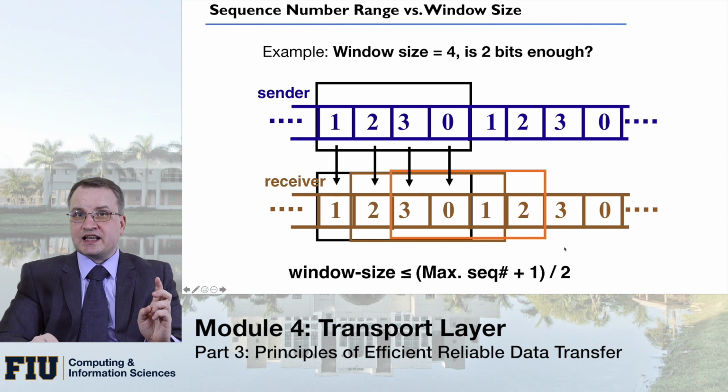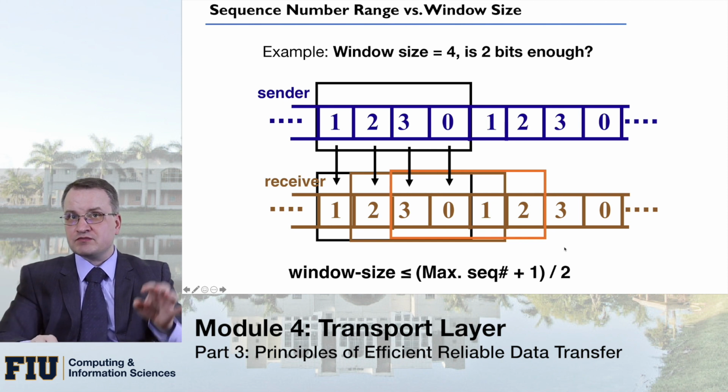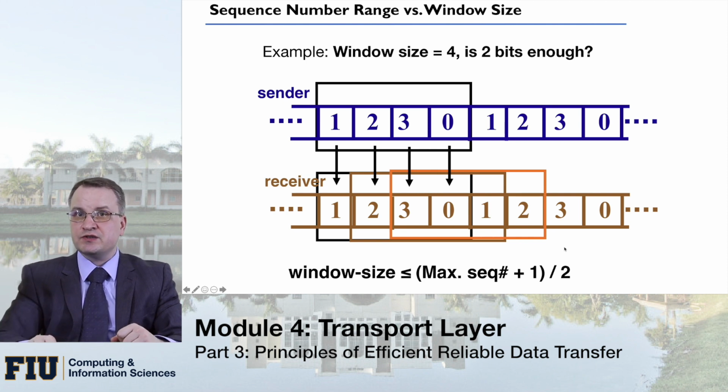However, as soon as the receiver advanced, it doesn't mean that the sender also advanced, because in order for the sender window to advance, it has to receive the acknowledgement, and there is no way for the receiver to know that the acknowledgement has been received. So it has to advance its own window and have additional reserve sequence numbers to make sure that this advancement doesn't contradict anything that may or may not happen at the sender side.